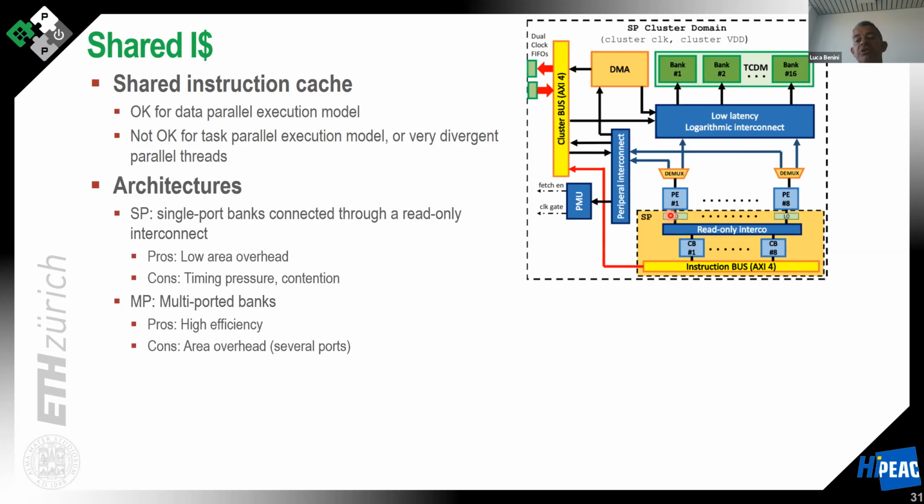Then you have an interconnect, like the one that we use for the data memory, that multiplexes the misses into the L0 cache into a multi-banked memory that contains a larger set of instructions. However, this size does not have to be as large as replicating the cache for all the processors.